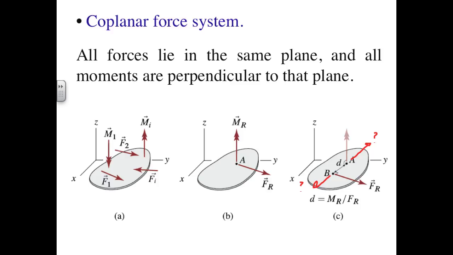The easiest way to test this is with the right-hand rule, where we cross R into F and let our thumb tell us the direction of the corresponding moment.